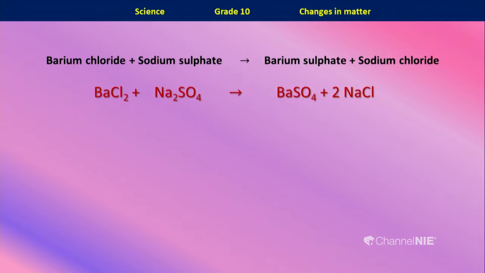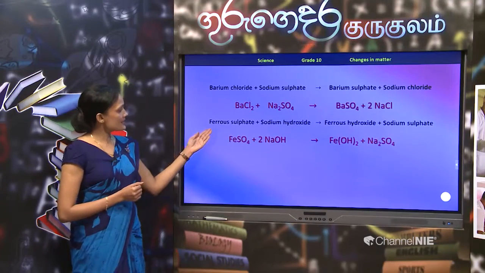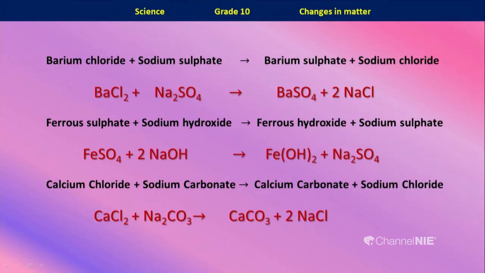Barium chloride reacts with sodium sulfate and forms barium sulfate and sodium chloride. Another example: ferrous sulfate reacts with sodium hydroxide and forms ferrous hydroxide and sodium sulfate. Look at this. Calcium chloride reacts with sodium carbonate and forms calcium carbonate and sodium chloride.